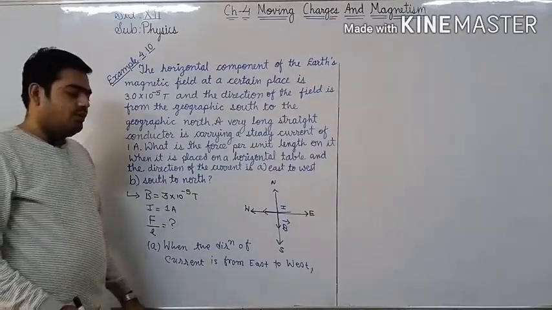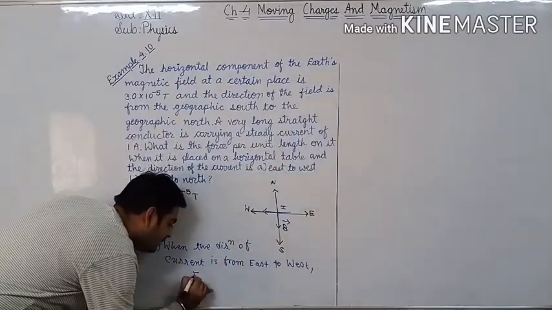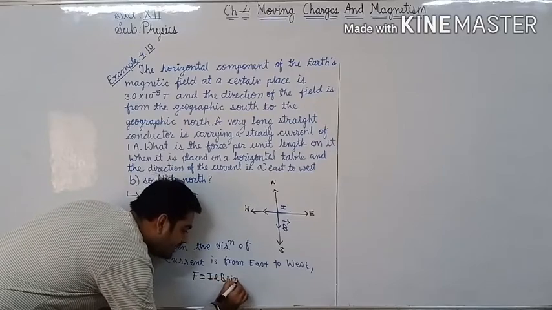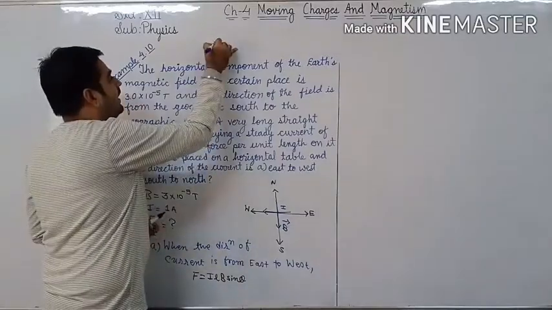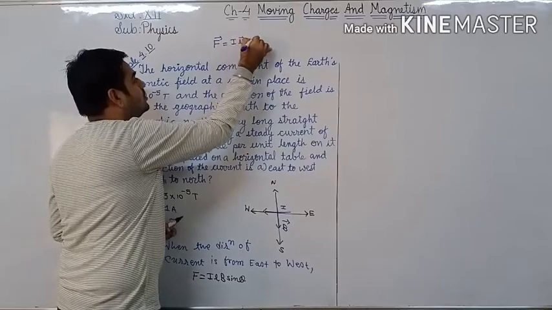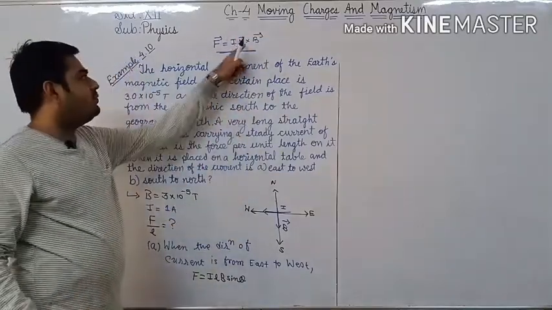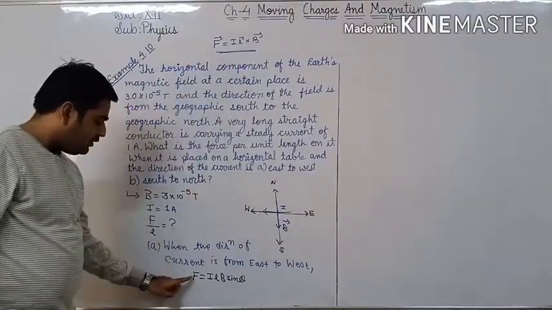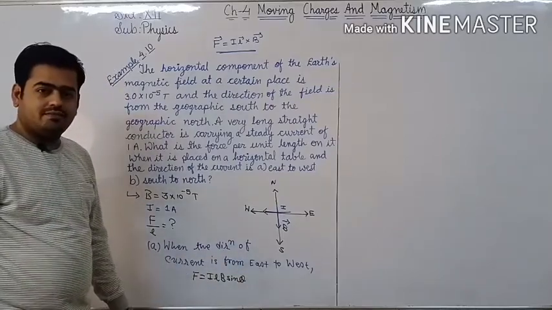According to Ampere's law, what is the formula of force? F is equal to I L B sin theta. Yes or no? We have studied this formula. F vector is equal to I L vector cross B vector. Right? So whenever we remove cross, at the time sin, we want to find magnitude of force. So magnitude of force, that is F is equal to ILB sin theta.